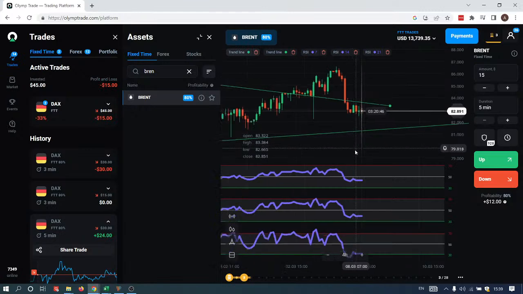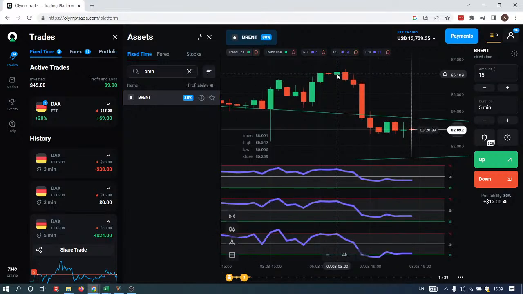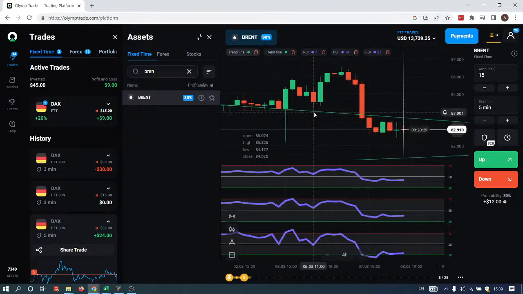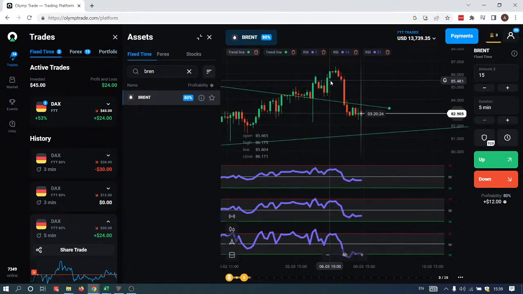Well, you can also call this a doji. Probably I would call it a pin bar, because this candlestick has a pretty small body and a bigger wick above that points up. So you can refer to this as a doji or a pin bar.